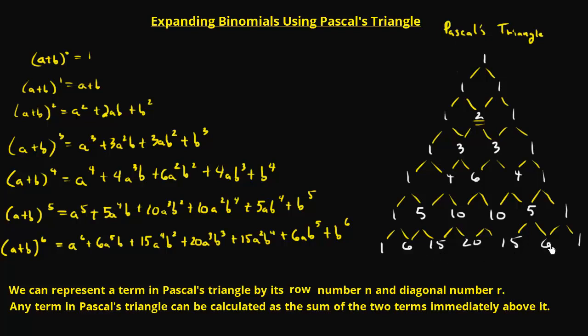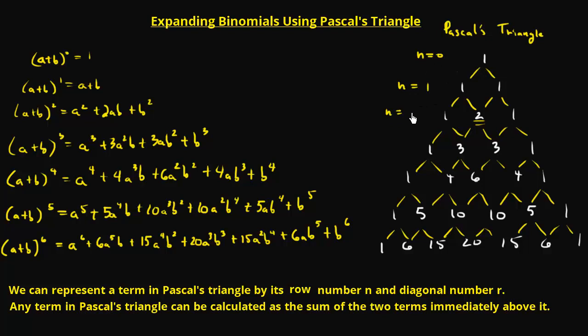So a couple things to note here is that these are the rows of Pascal's triangle. So we actually use row number, we let n represent the row number, and this would be n is equal to 0. So this is the 0th row of Pascal's triangle.